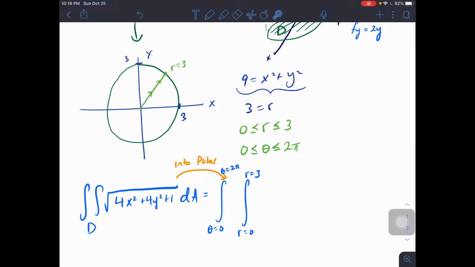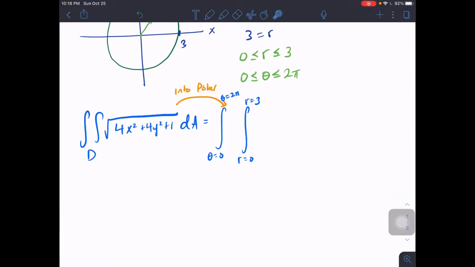But now I want to turn this into polar. If I factor out the 4, that's just 4 times x squared plus y squared, plus 1. And in polar, this is just 4r squared plus 1. So the inside is going to convert into polar, and it's going to be the square root of 4r squared plus 1.